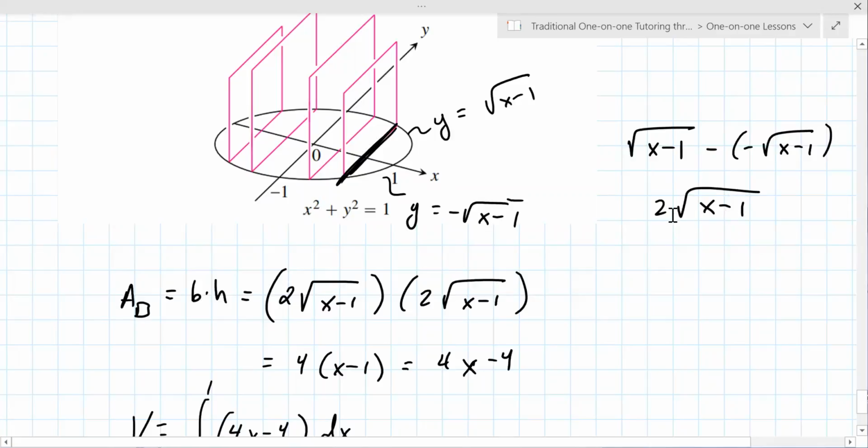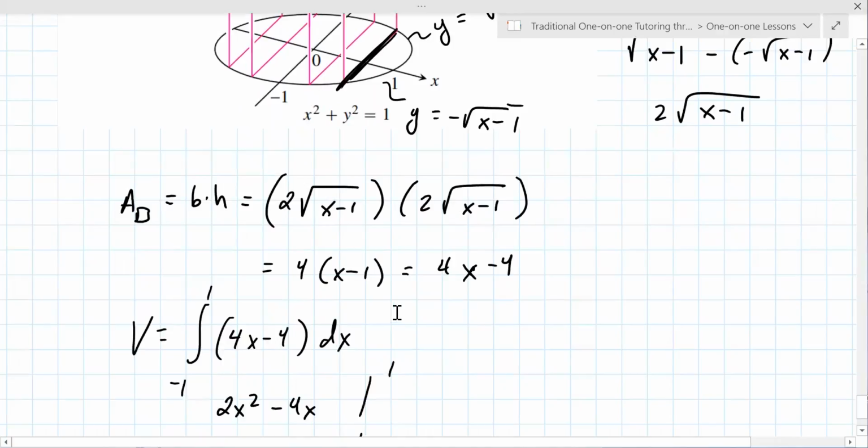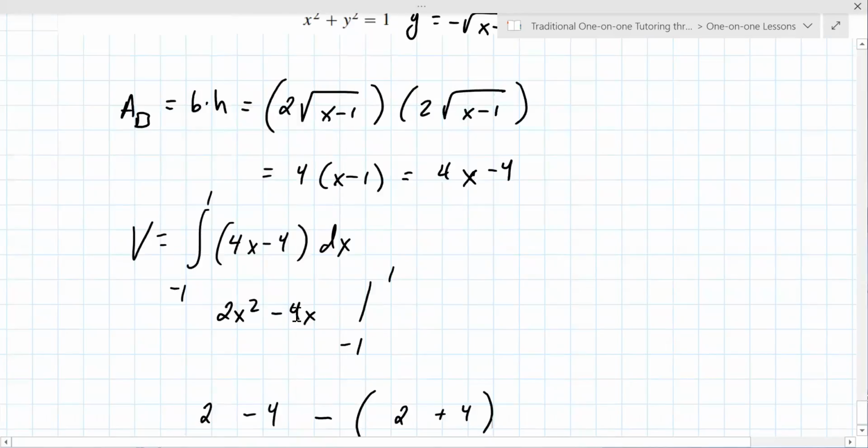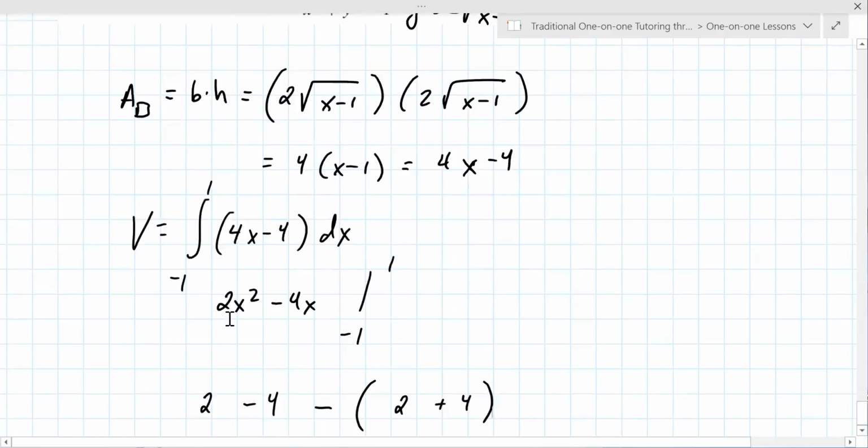Base times height, so you square that, 4x minus 4. Do you happen to notice anything that's not right here? Because I'm not seeing it. It's a small sign error or something very significant, but it's causing problems here.